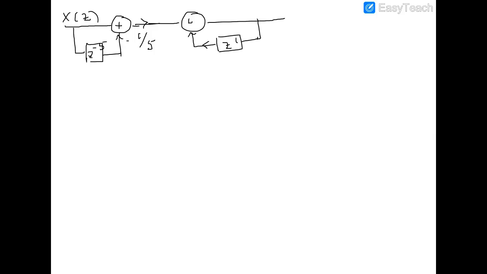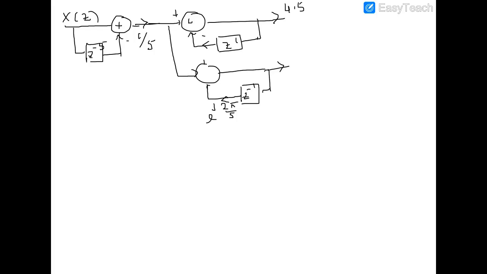I am realizing now H2 of z. It has to be multiplied by e to the power j 2 pi by 5, multiplied by, this is 4.5 is the gain. Here the gain is 0.5 at an angle of 0.628.